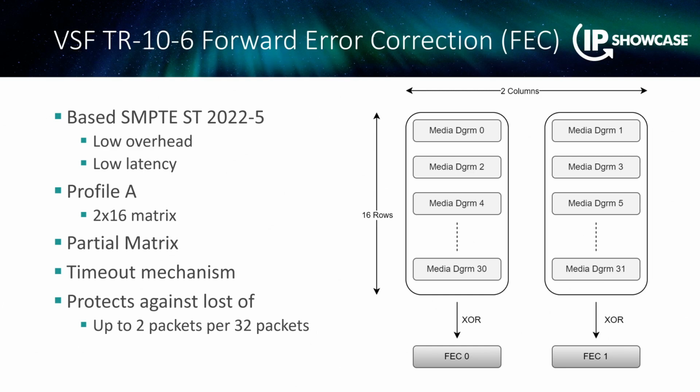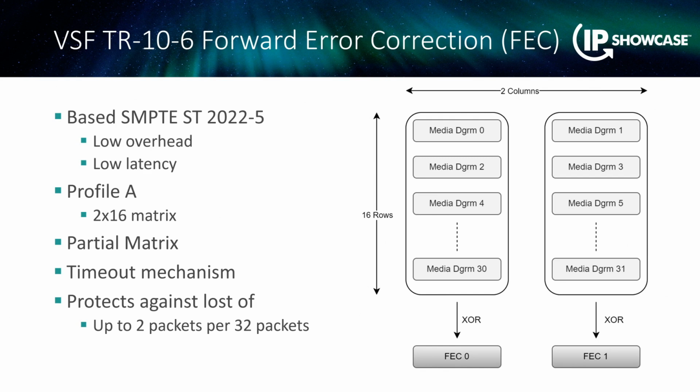TR-10-6 is our forward error correction document. It is based on 2022-5. 2022-5, much like 2110-20, says you can do FEC, and here's all the different ways you could do FEC. Basically, in IPMX, we wanted to aim at much interoperability, and so we picked a very specific subset that we thought was sufficient for our needs.